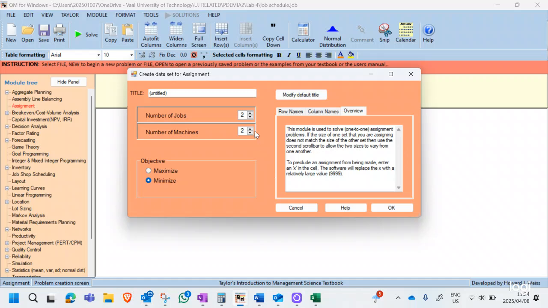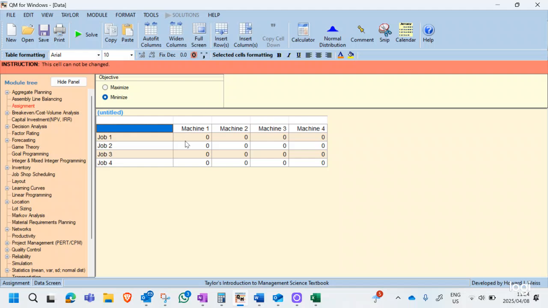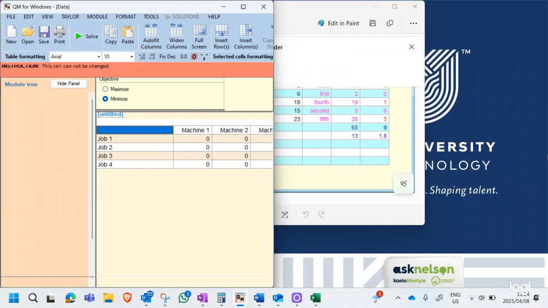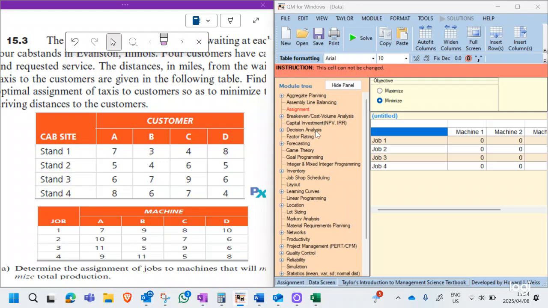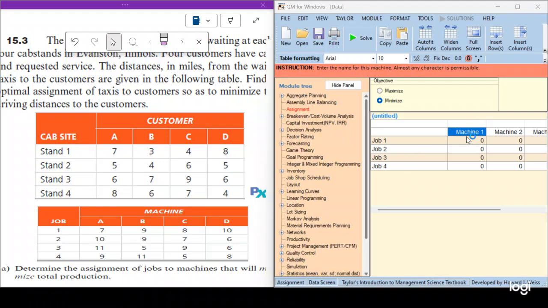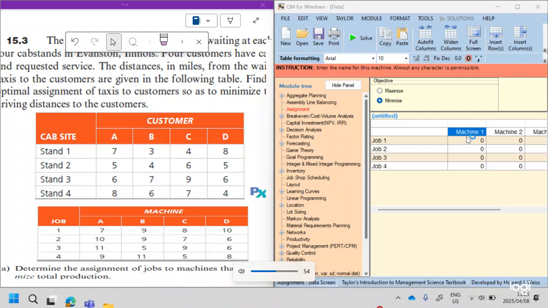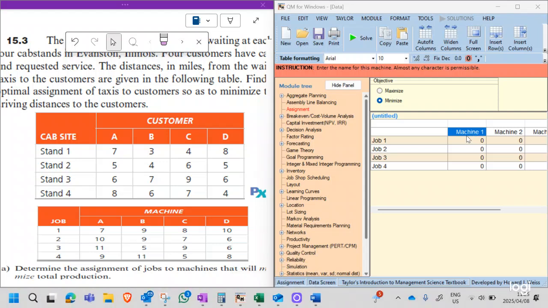So it's 4 by 4 here. You can rename by just going directly here. A, B, C, D, like that. This other one doesn't matter.